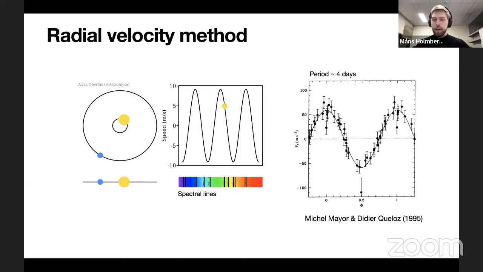So in 1995, Mayor and Queloz, who now have the Nobel Prize, 2019, discovered a very large planet with an orbit of 4 days around a sun-like star. What is remarkable about this discovery, not just that it was the first discovery of an exoplanet around a sun-like star, is that it was an exoplanet that we did not expect.